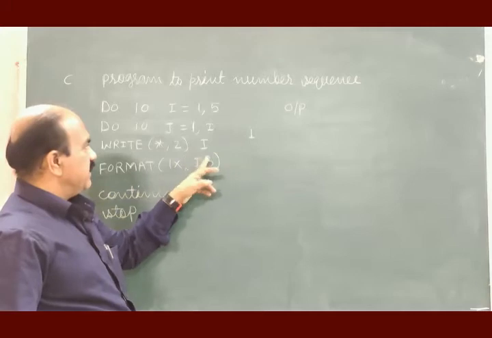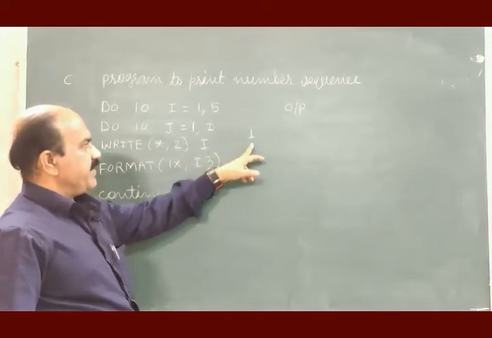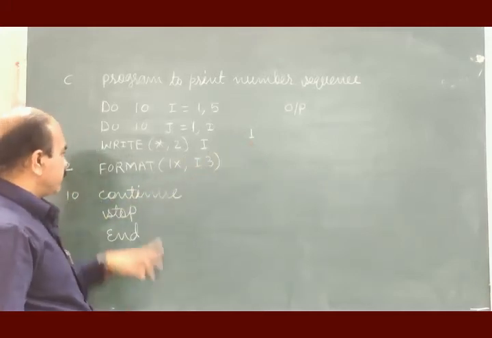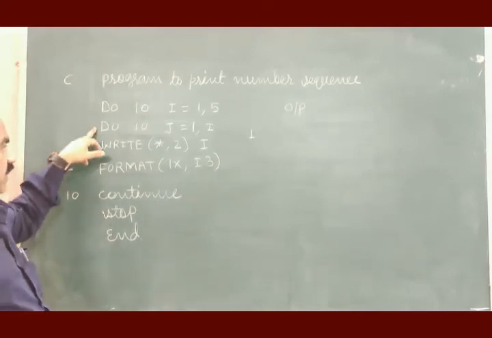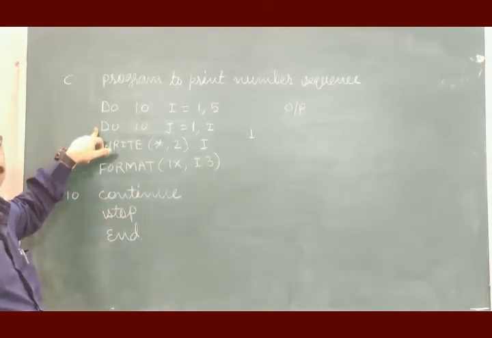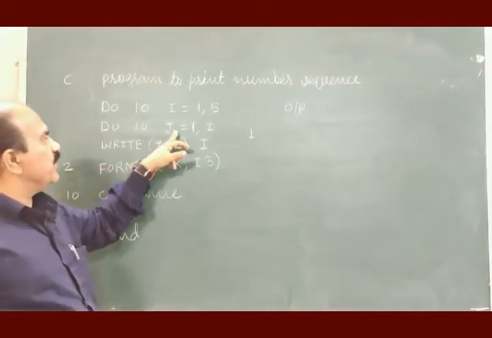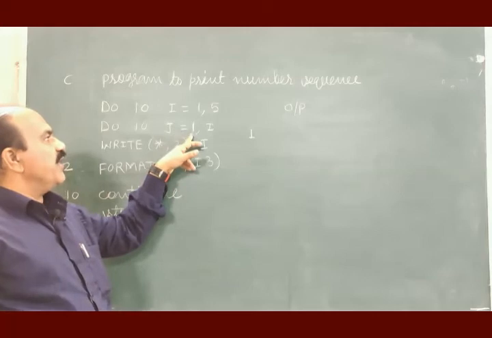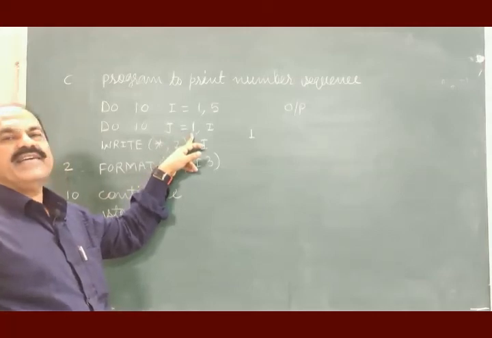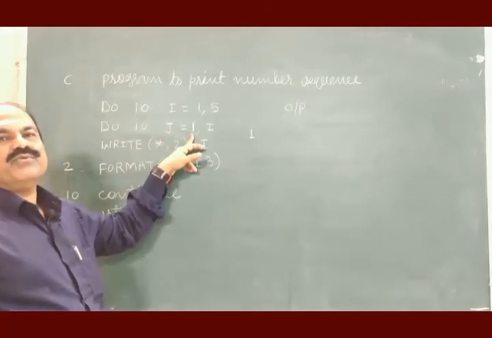Then this I is printed here. I is 1. Continue. The control will go to the inner do loop. J will be incremented by 1. Now what will be the value of this j? It will be equal to 2.